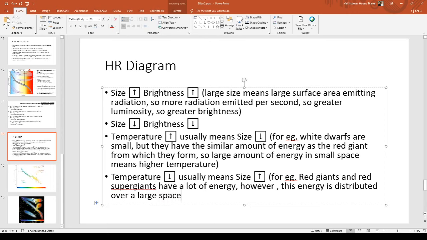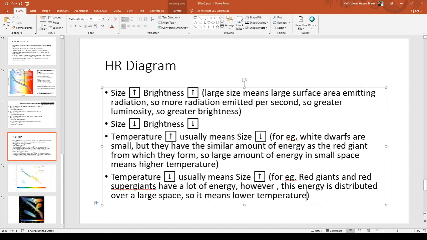Just the opposite of a white dwarf. In a white dwarf, all of the energy is focused in a very small space. But in red giants or red supergiants, there's a lot of energy, but that energy is distributed over a large space. So it means lower temperature. And that is why they are red. You understand my explanation?